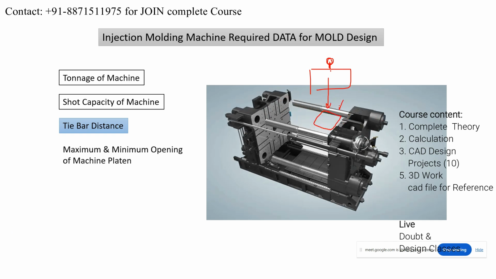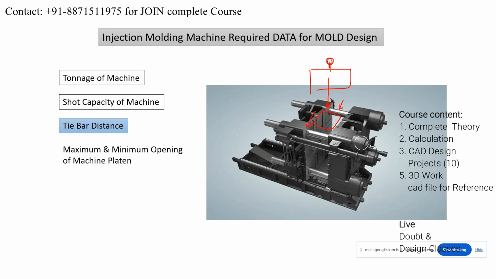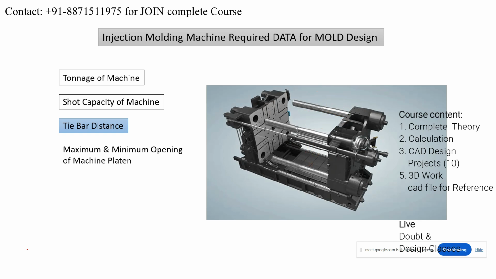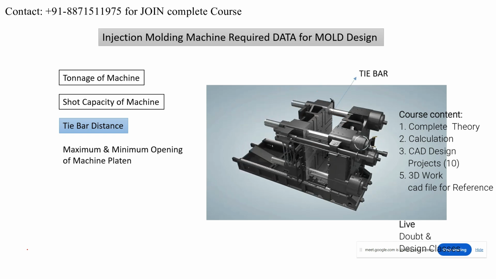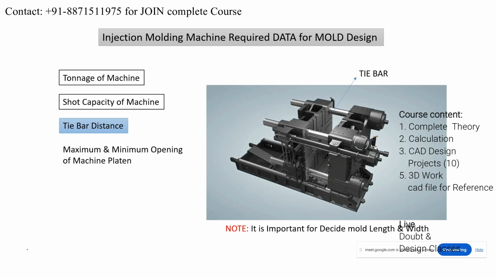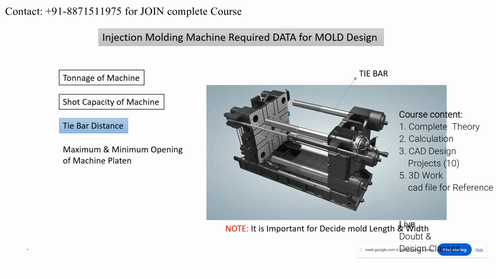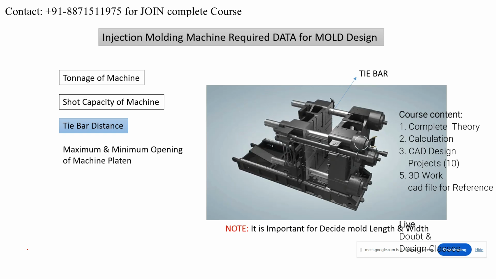So we should have knowledge about the distance between the tie bars, one horizontal and the second vertical. If we know the tie bar distance, we can decide the maximum length or width of the mold. Is it clear?